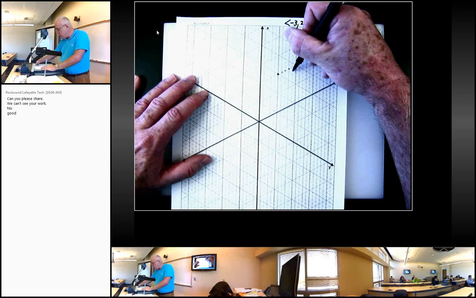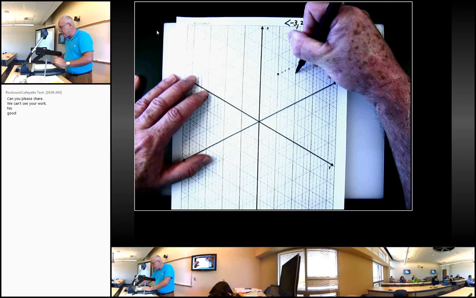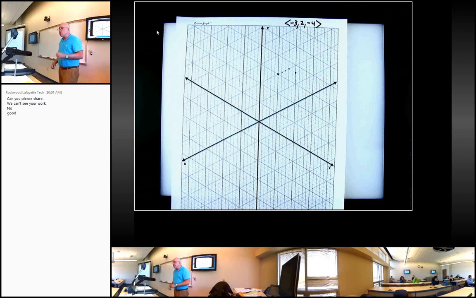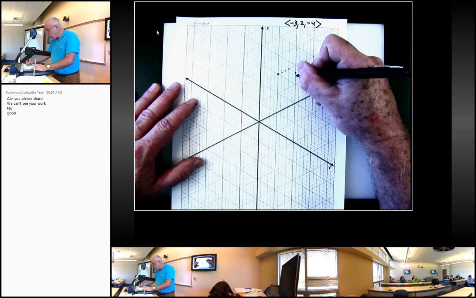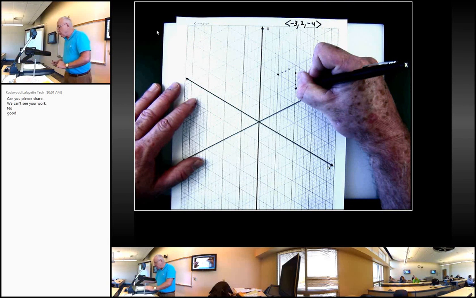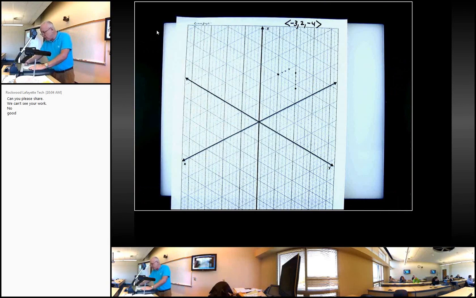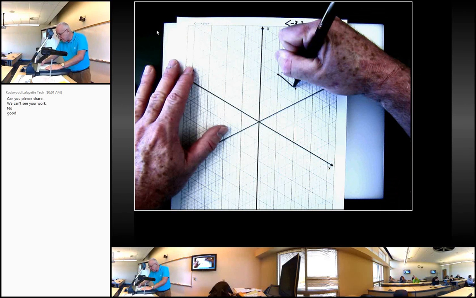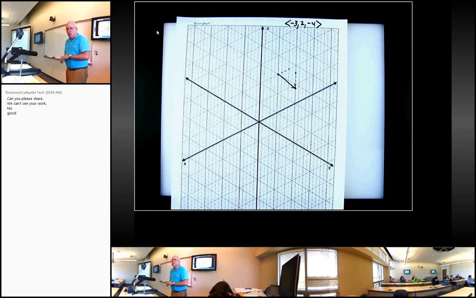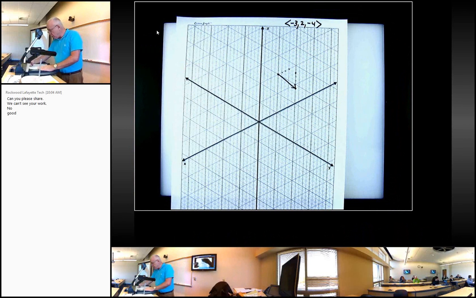So 1, 2. And then finally it's going to go -4 units in the z direction, so downward vertical, 1, 2, 3, 4. So this vector would look like that, okay?